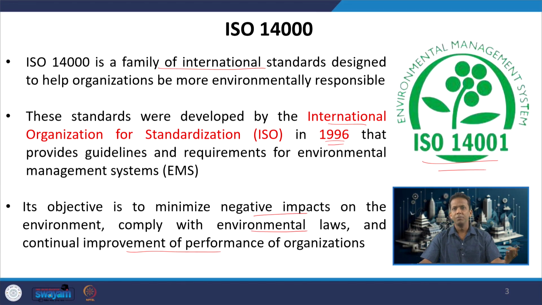Depending on the population and the current climate situation, the policies and compliances are going to change. So, the response of an organization towards reducing negative impacts on the environment needs to be updated in a timely manner. That continuous improvement of performance is also part of the objectives of the ISO 14000 series.